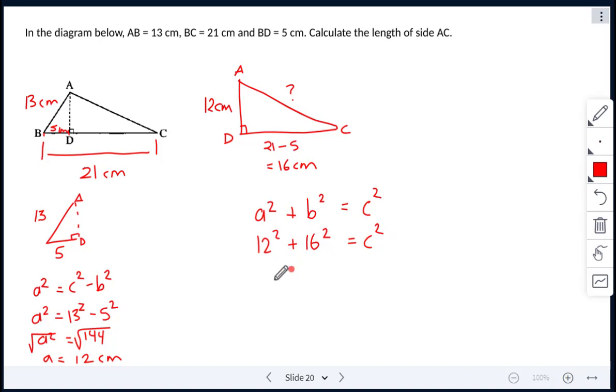Okay, put that into the calculator, and we get 400 is equal to C squared. And then we have to take the square root. Square root of 400 is 20. So 20 is equal to C. And then make sure we do answer the question, which is to calculate the length of side AC, which we were just using as C. So AC is equal to 20 centimeters.